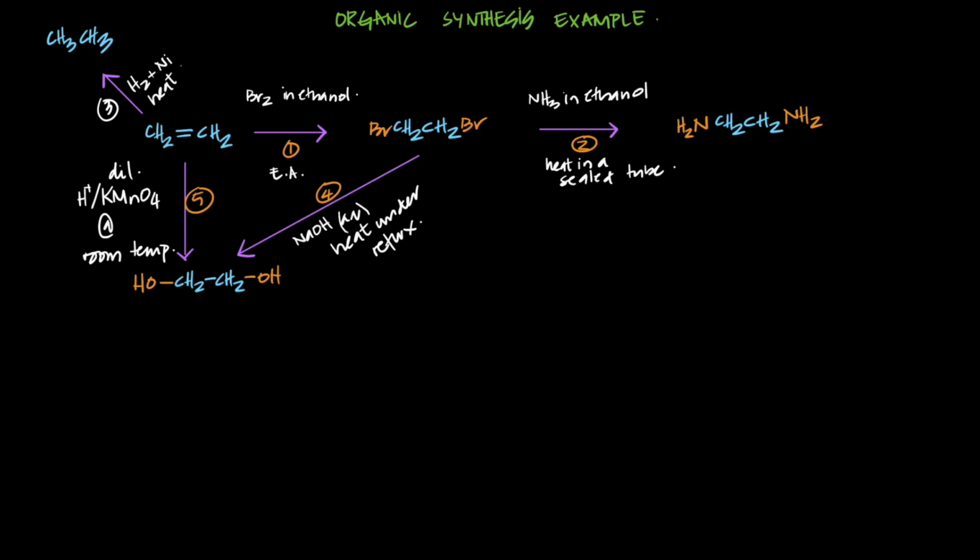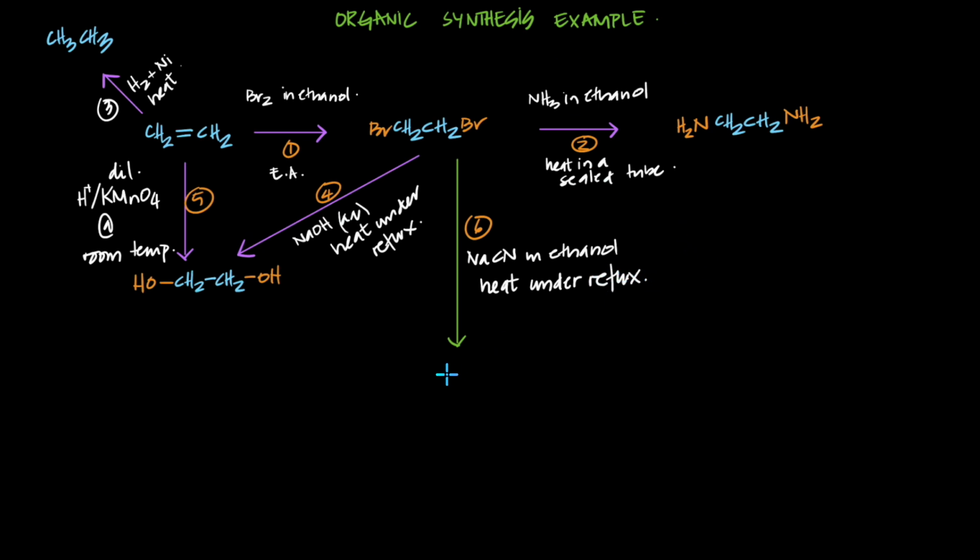Now another reaction, and I'll do them in green now because there's too much purple. Reaction number 6 I'm giving you is that if, instead of Br, I put NaCN in ethanol, what would happen? The condition is still heat under reflux.